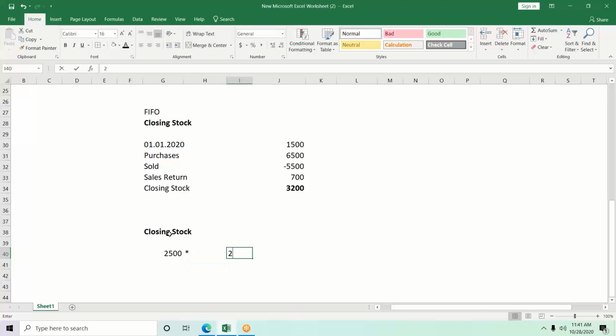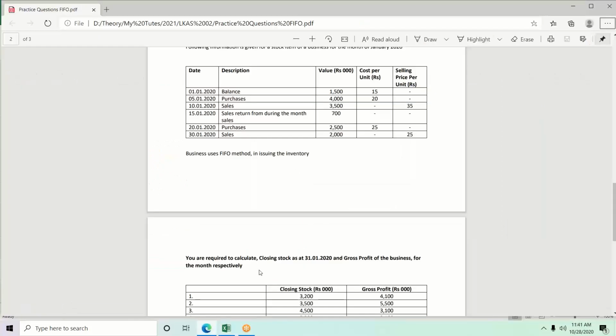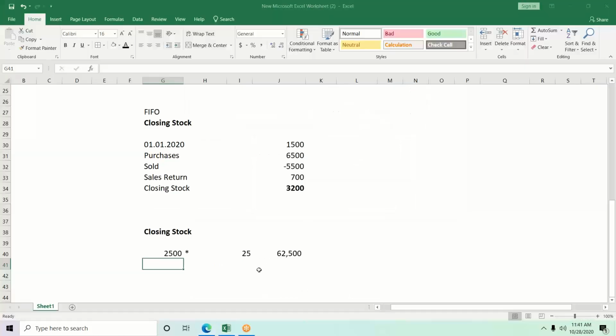And how much is the value of the stocks, Putha? 2,500 units into 25, which is 62,500. That is rupees 62,500. Right. There are another how many more units? Yes. Altogether, there are 3,200 units in your store.